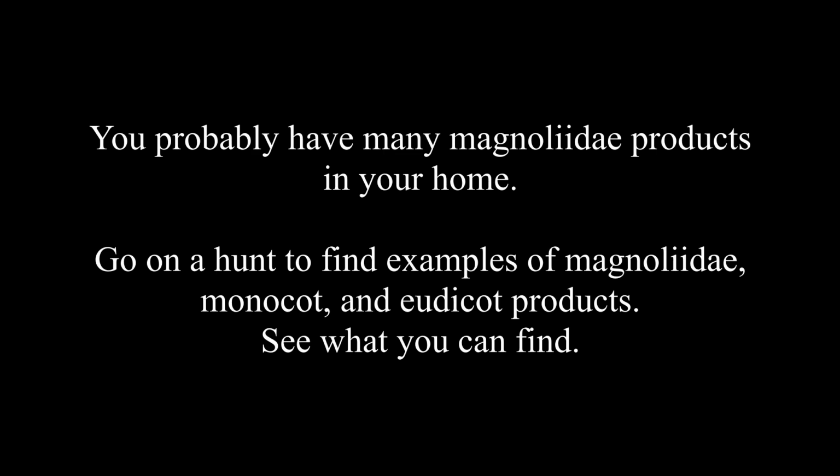All right, so on to your journal. The first one is you probably have many Magnoliidae products in your home. Go on a hunt to find examples of Magnoliidae, monocot, and eudicot products. See what you can find. Ylang-ylang is another popular Magnoliidae. It isn't something we usually have around; usually it's an essential oil. So if your parents, probably your mom, use essential oils, you're likely to find ylang-ylang among them.